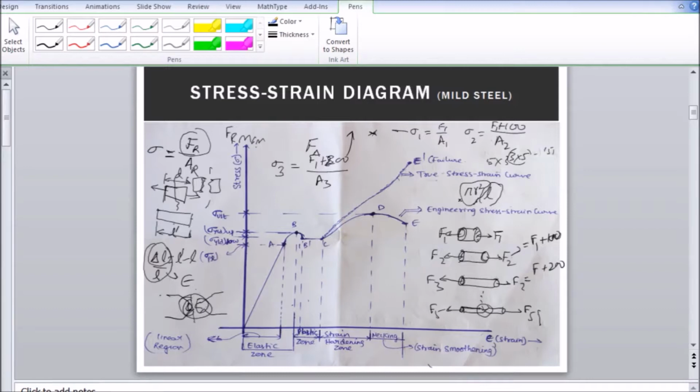Now observe, the sigma formula is F by AR. This F anyway we are increasing, F1 again plus 100 and so on. That's why this value, the sigma value, the stress value, anyway will increase.